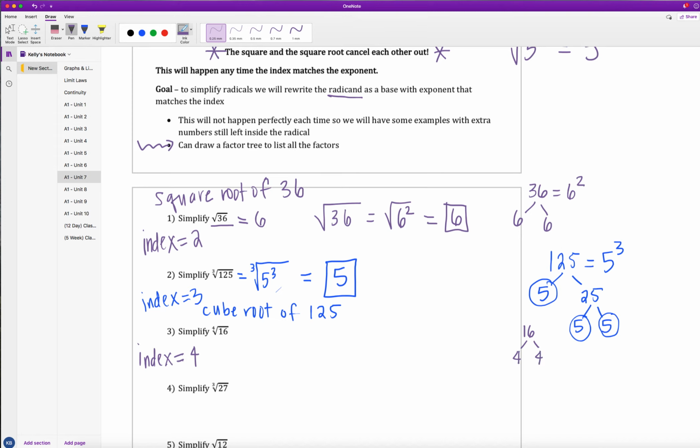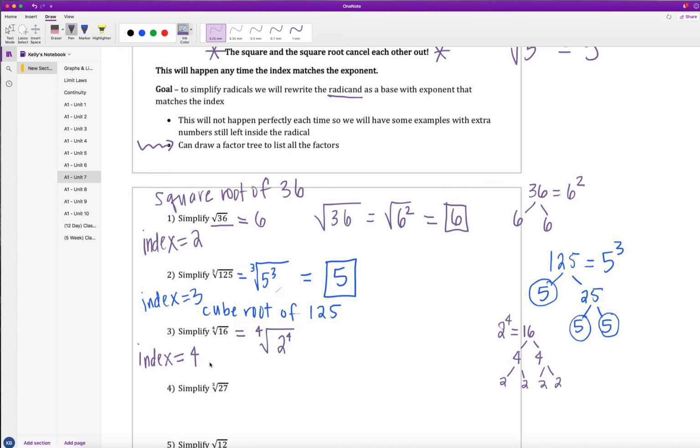You could also do 2 times 8. Either way, you're going to end up getting 4 2s. Because when I break them all apart, we end up with 1, 2, 3, 4 2s. So I could rewrite 16 as 2 to the 4th power. Which means over here, I could rewrite this as the 4th root of 2 to the 4th.